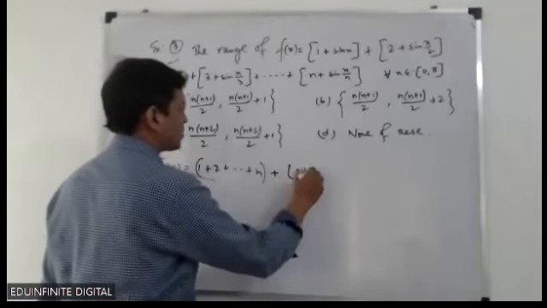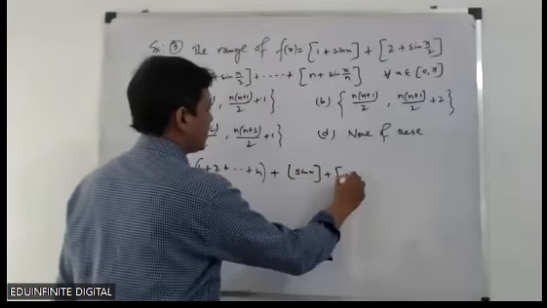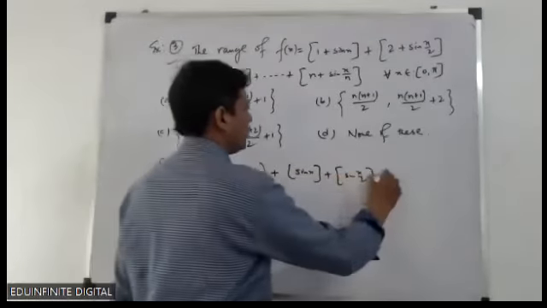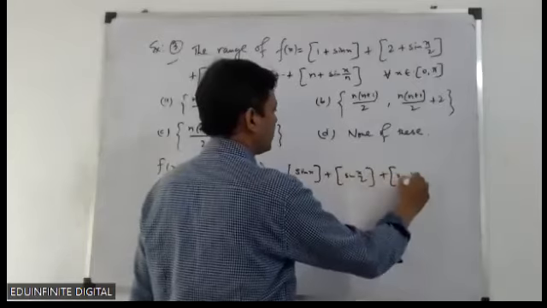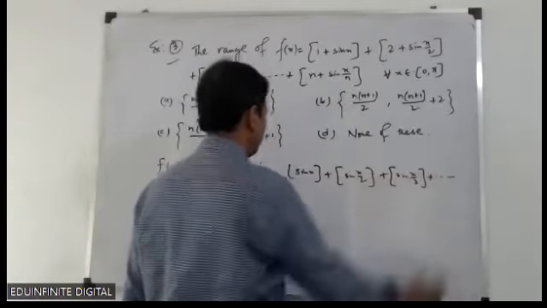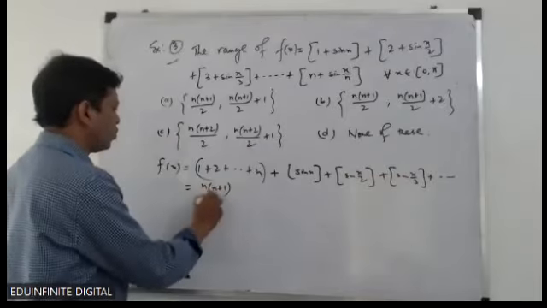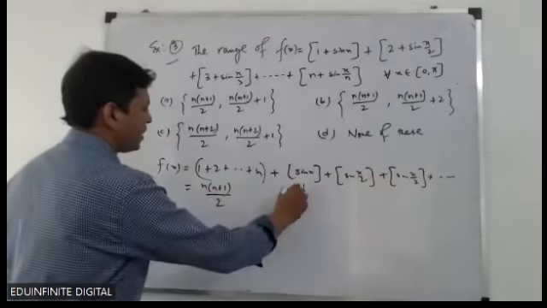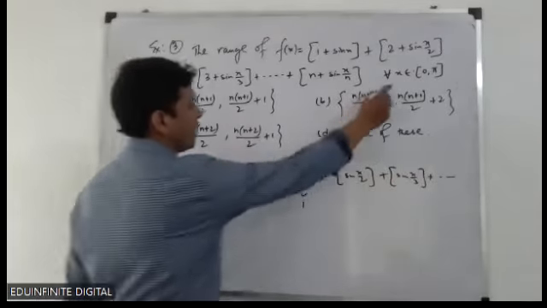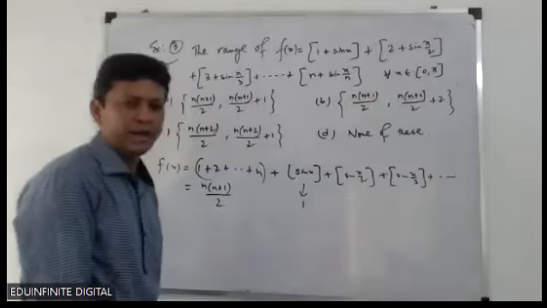Actually, this can be written by splitting: 1 plus 2 up to n plus box sin x by 2, box sin x by 3, and so on. So this is n into n plus 1 by 2, and box sin x is 1 because x belongs to 0 to pi, right?